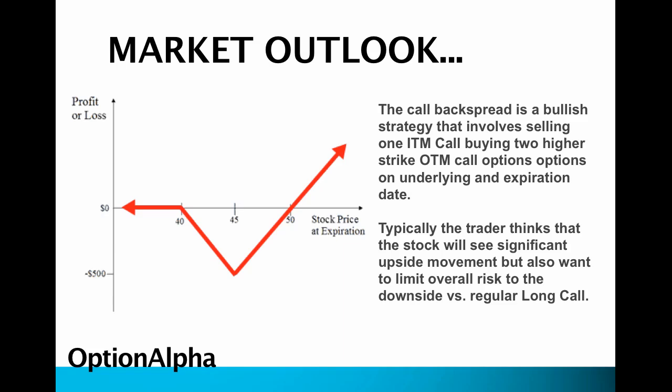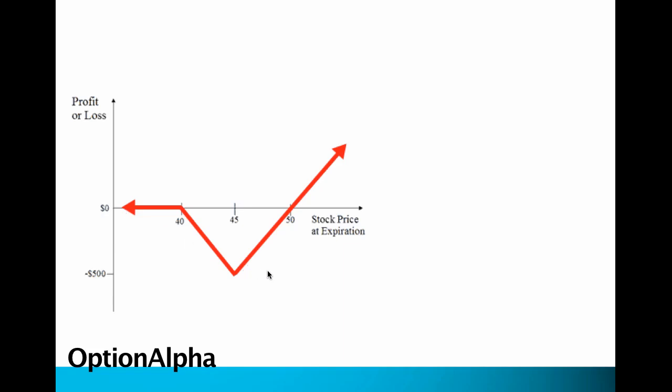A regular call option at the higher strike of 45 would have downside risk capped at $500. But with the call backspread, you make that one point the maximum loss point, and everything beyond there you might end up not making any money, but at least you won't lose any money. So that's the whole idea with the bull call backspread.